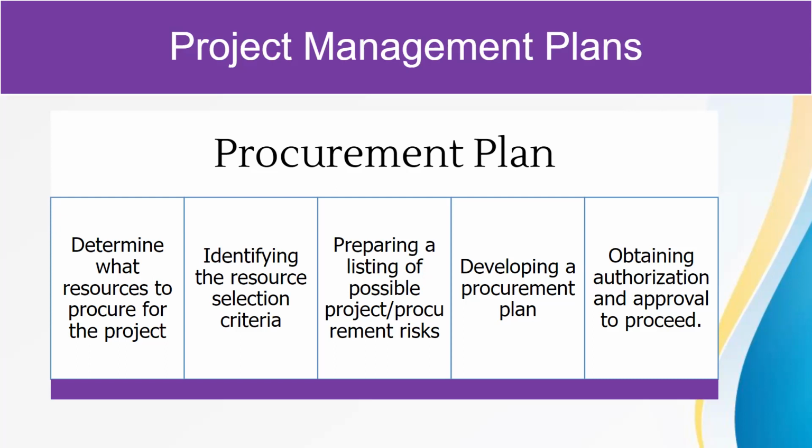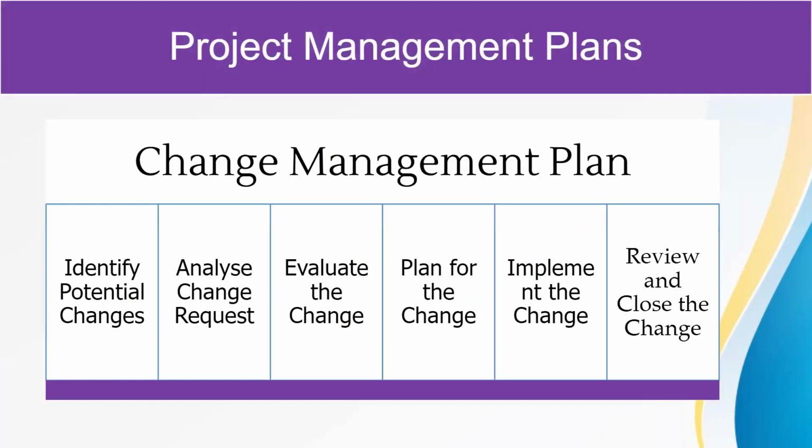Obtaining an authorization and approval to proceed, there must be a clearly defined authorization matrix that we have to define so that anyone who wants to procure a particular item, based on the threshold, the amount, we are able to know the signatories required, because the finance team will need those signatories to make payment.